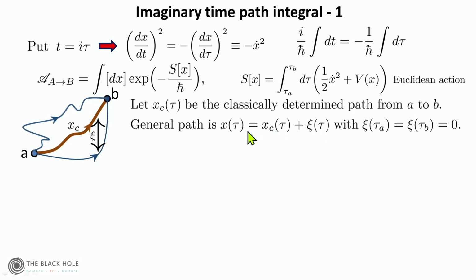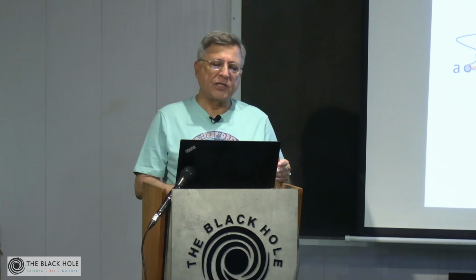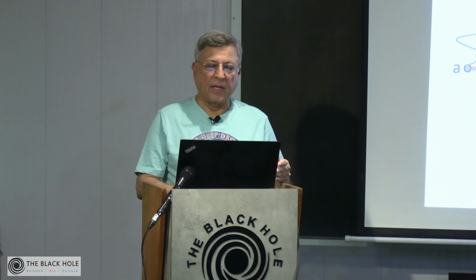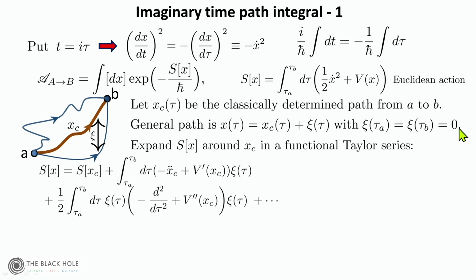And of course, they're all functions of the time. And I won't even call this the imaginary time because I have to repeat myself again and again. Tau, we shall henceforth just call the time. So the path as a function of time is the classical path plus variations around it, with the condition that the variations vanish at the endpoints.